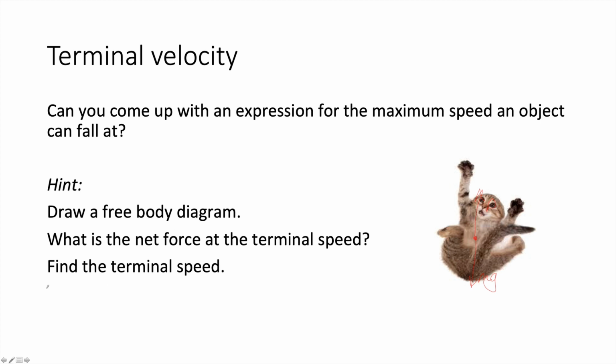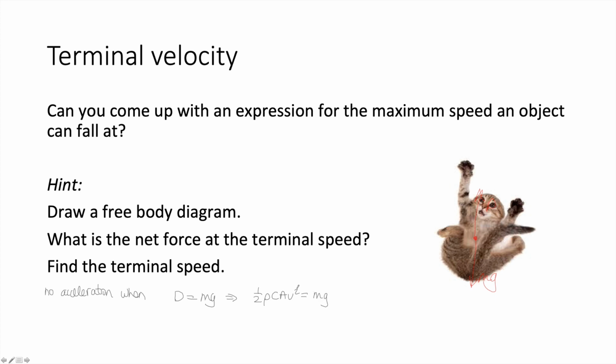So it'll stop accelerating, no acceleration, when the drag force is equal to the weight force, because then the net force acting on it is going to be 0. And so we can write, well, a half rho CAV squared is equal to mg.